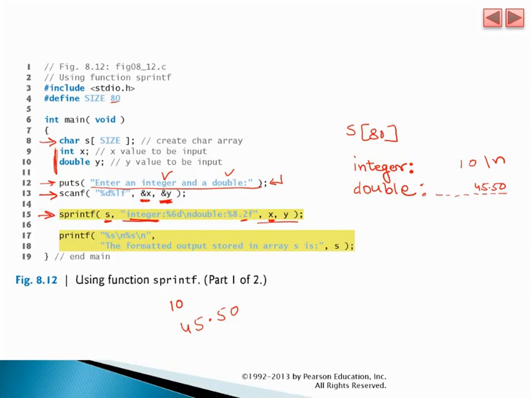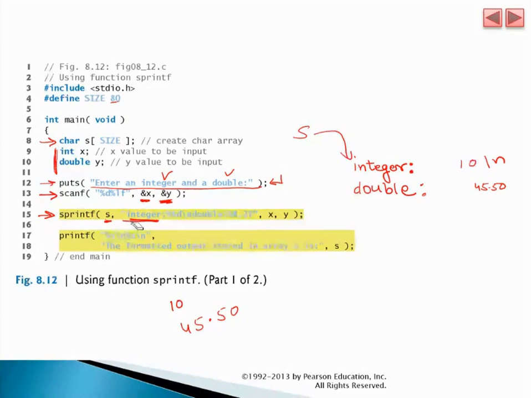So this is how things will get stored. This dash will not be there, but they are in a particular format. All these things will get stored into S. So S is an array which is now holding this. Nothing will get printed on the screen. Are you getting my point?